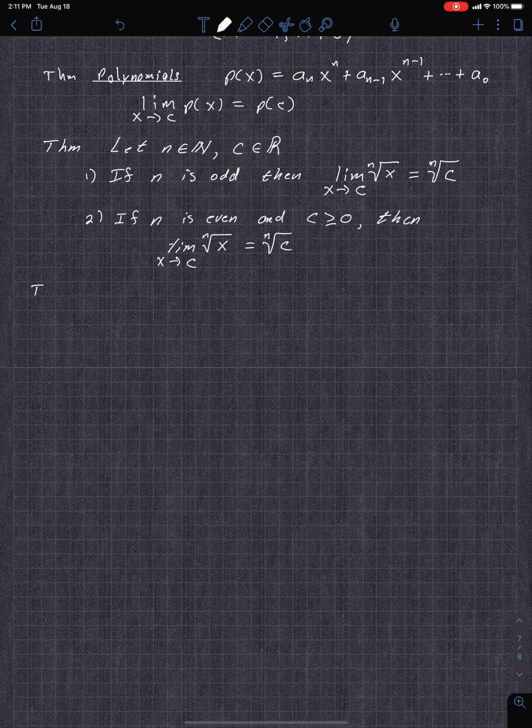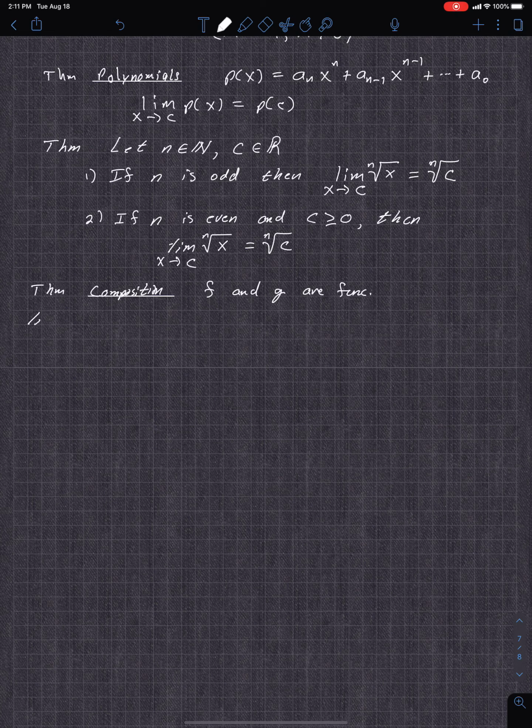Okay, so next theorem. This is on composition. One of the reasons I decided to do this is just to review some of this stuff. So it's composition of functions. We have f and g are functions.